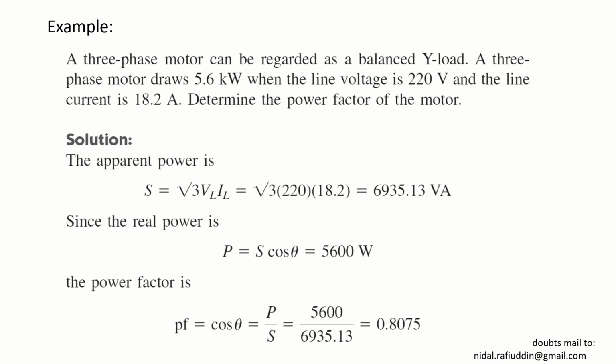A three-phase motor draws 5.6 kilowatt when the line voltage is 220. If you look into this question, the term kilowatt is used for the unit of average power. This is something we also saw in the case of a one phase circuit, that the unit for average or real power was watt.